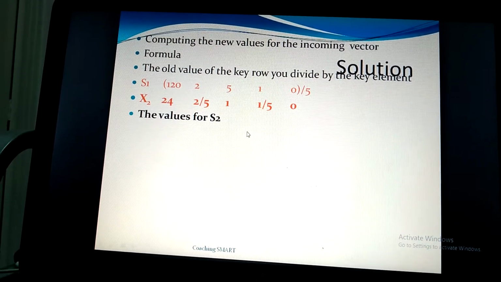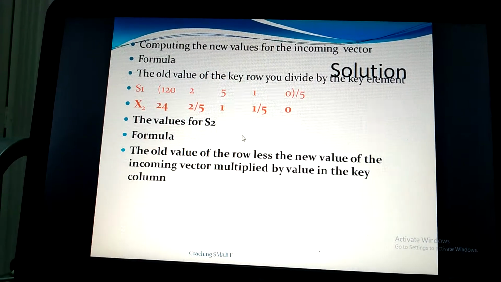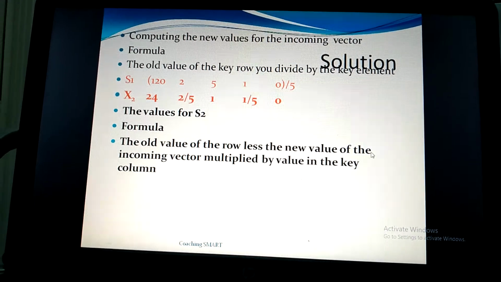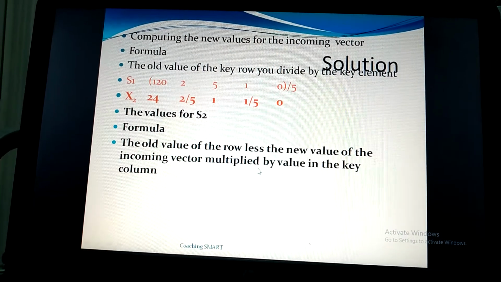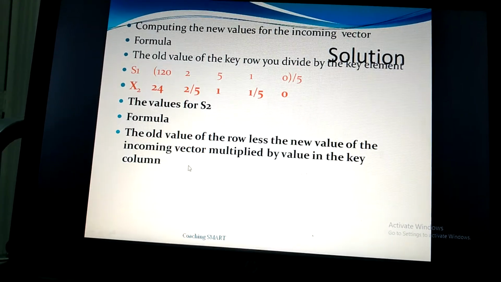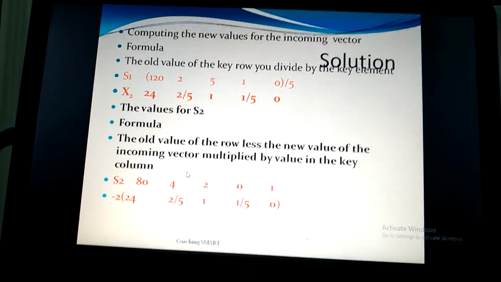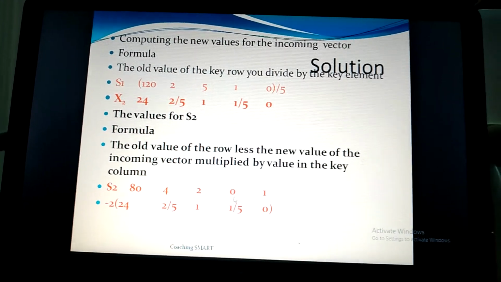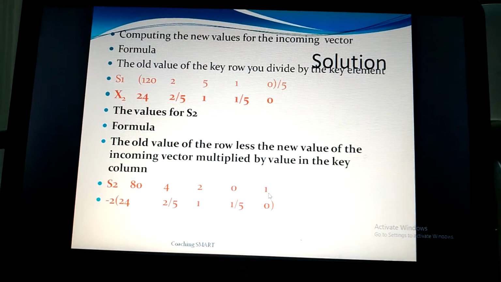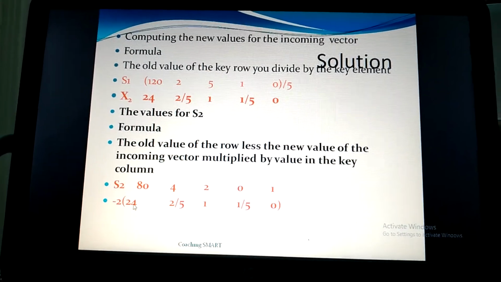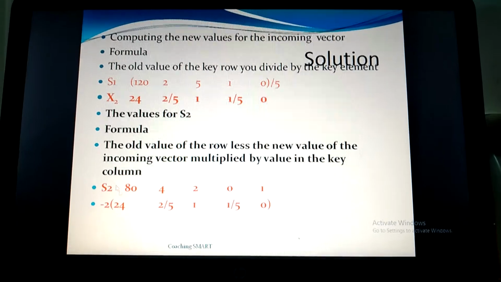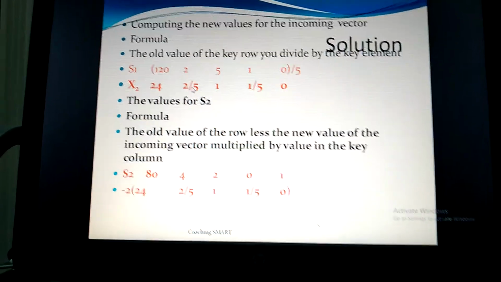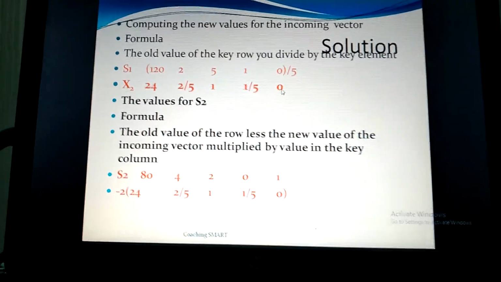The value for S2, how do you get that? The formula: all values of the row less the new value of the incoming vector multiplied by the value in the key column. This is how you come up with it. S2 is 80, 4, 2, 0, 1. These are the old values. Minus 2 in bracket, times the new value, which is 24, 2 over 5, 1 over 5 and 0.